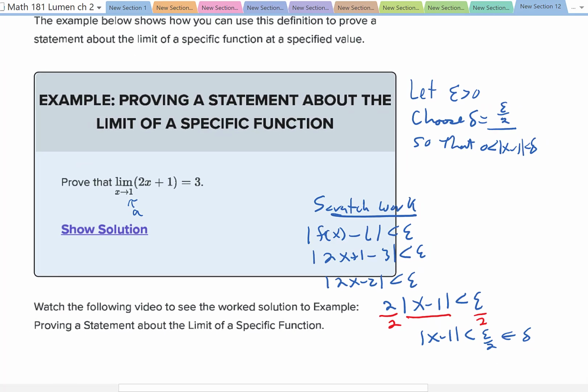Okay. And now we can do the following kind of formality. Consider filling in what we just did.